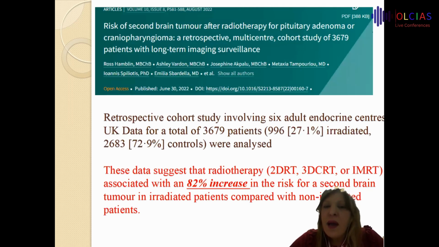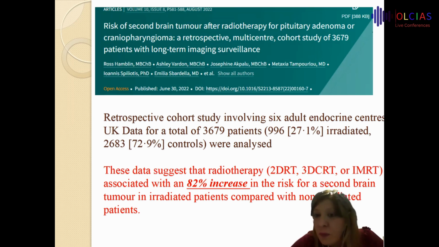I have another article, the latest published this year. This is a British study. It is a retrospective cohort study involving 6 adult centers in the United Kingdom. Here we have more than 3,000 patients divided into groups.